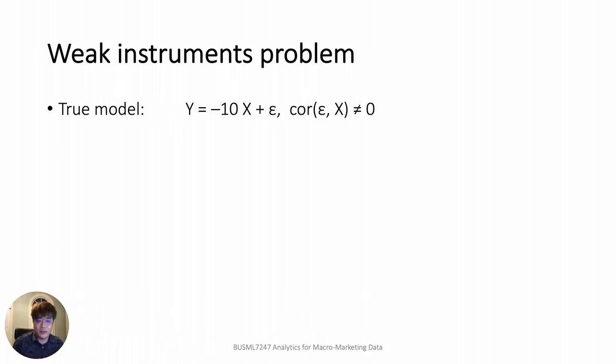One is correlated to x with a mild noise, and the other is slightly correlated to x with a huge noise. Of course, both were generated independently of the error. Then I fit the OLS and the IV regression to the simulated data.